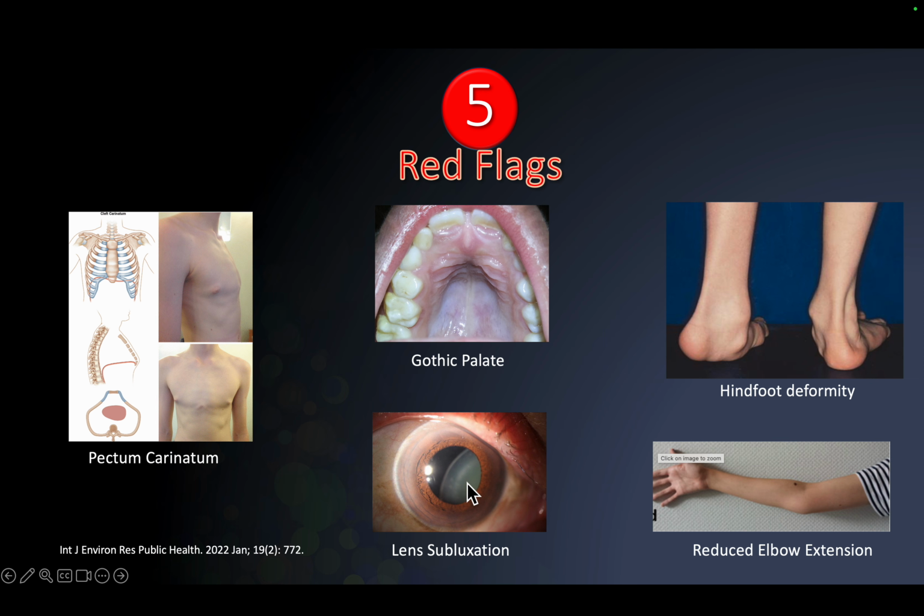Lens dislocation is quite particular to Marfan syndrome because there is loss of support of the lens because of fibrillin absence. And then there are hindfoot abnormalities and reduced elbow extension. These features were quite characteristic in differentiating Marfanoid features from Marfan syndrome.